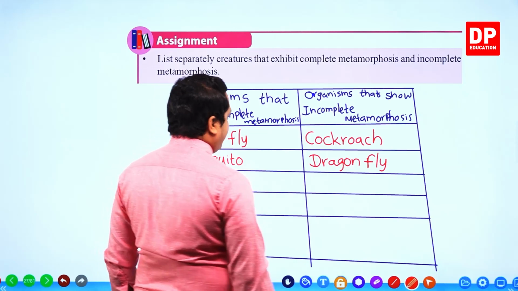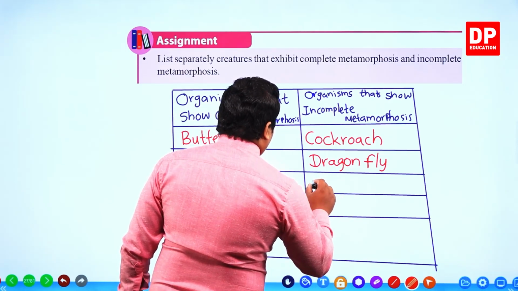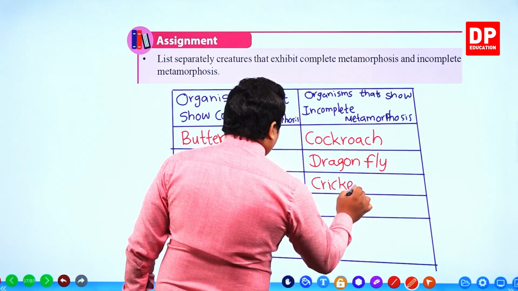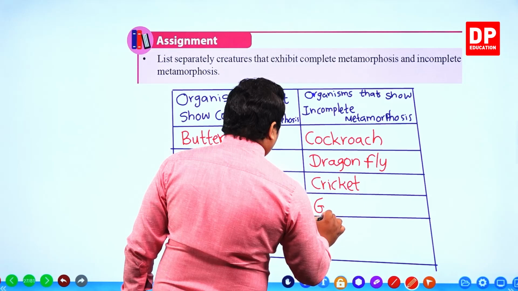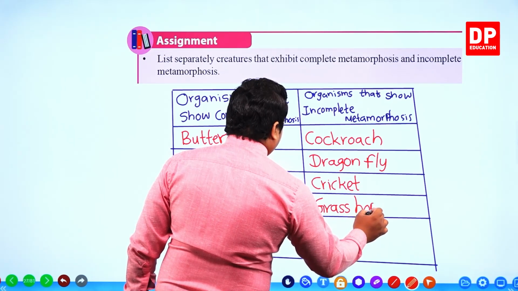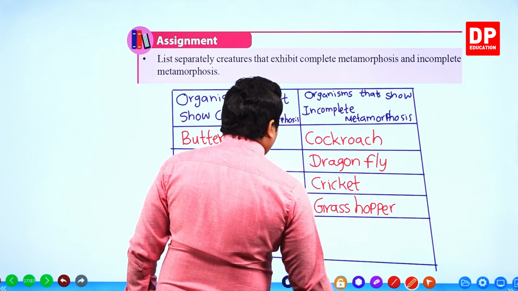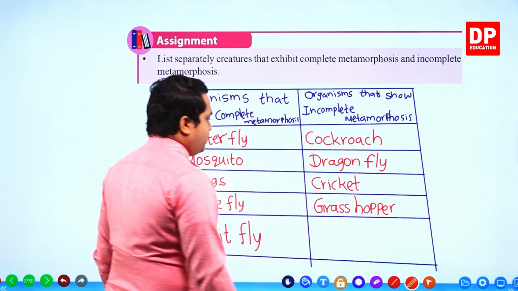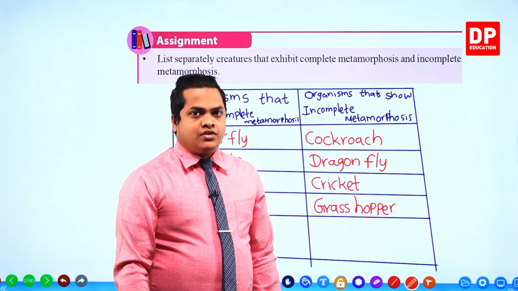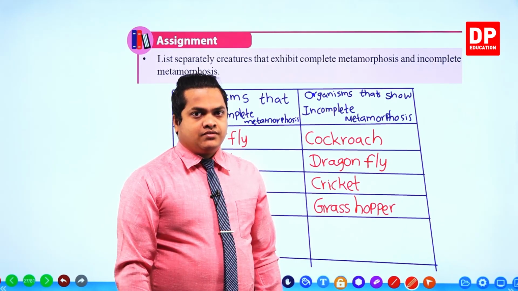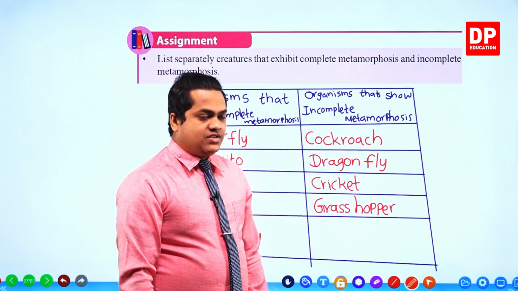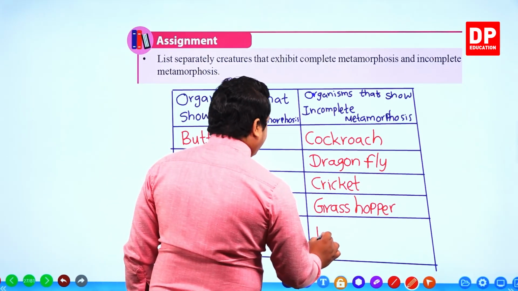Then if you take cricket and grasshopper, both of these organisms also do not show complete metamorphosis, right? They are showing incomplete metamorphosis. Then the white ant.